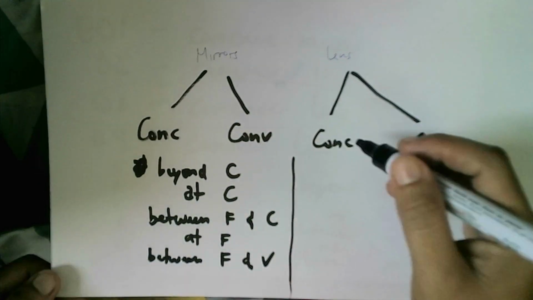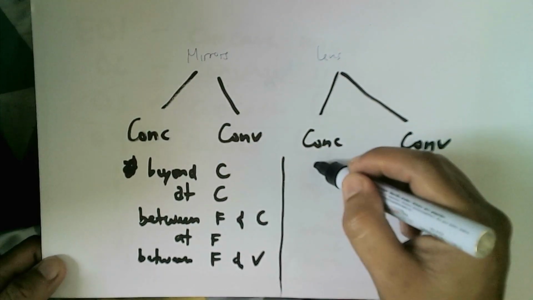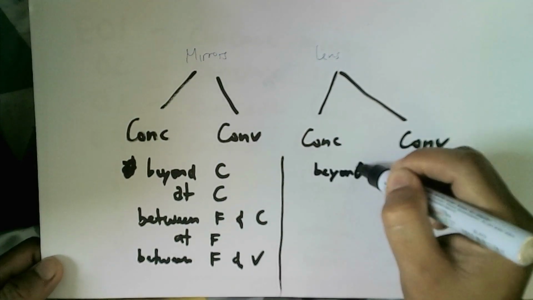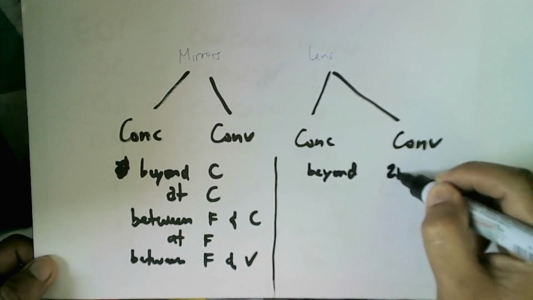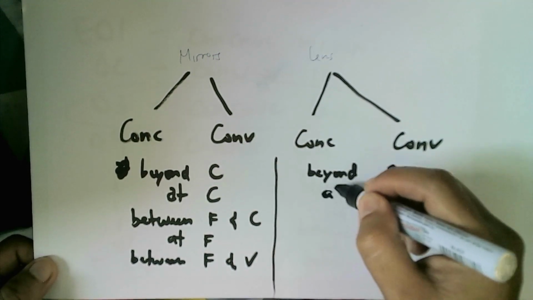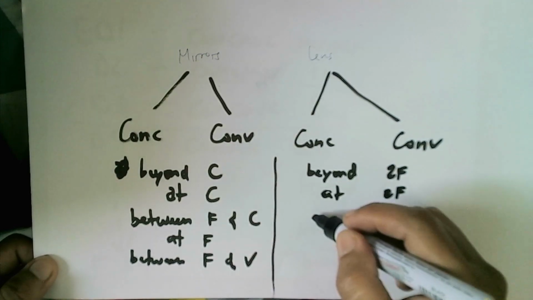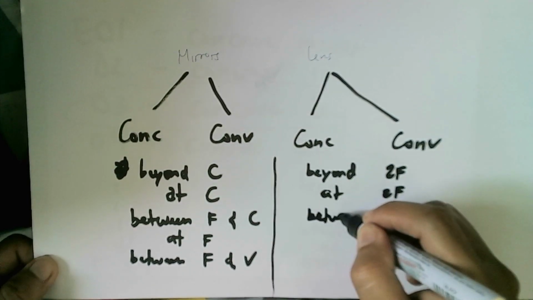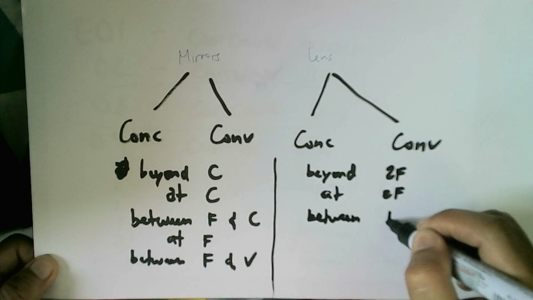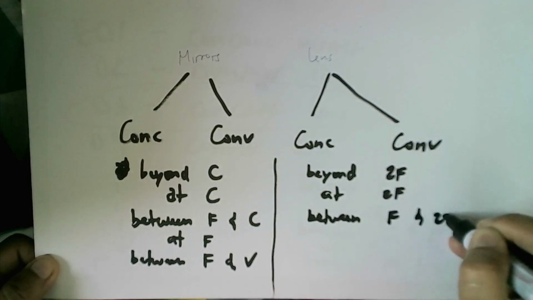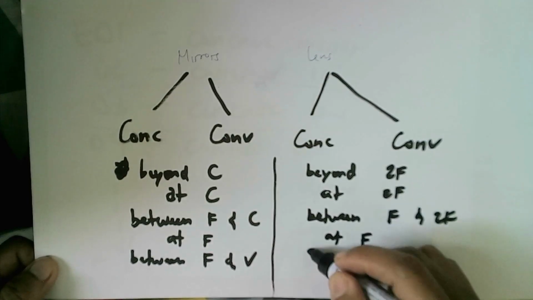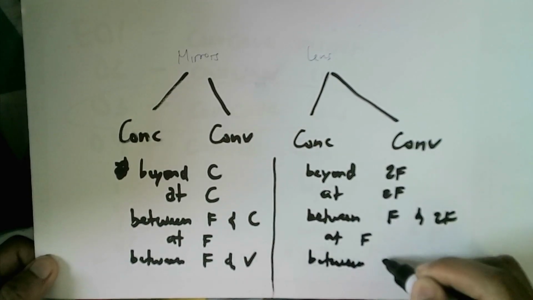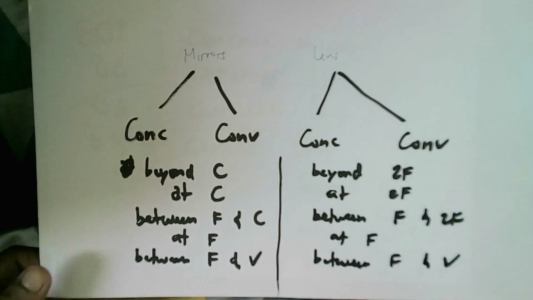Now, for lenses, it's the same. Only one terminology differs, which is instead of C, we call it beyond 2F. If the object is at 2F, if the object is between F and 2F, and if the object is at F, and if the object is between F and V.